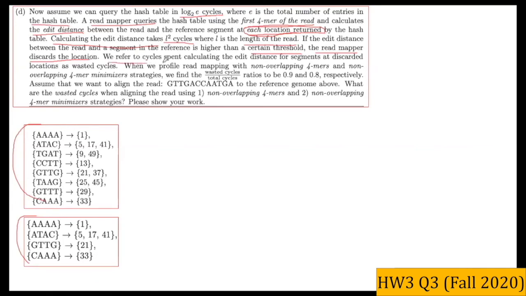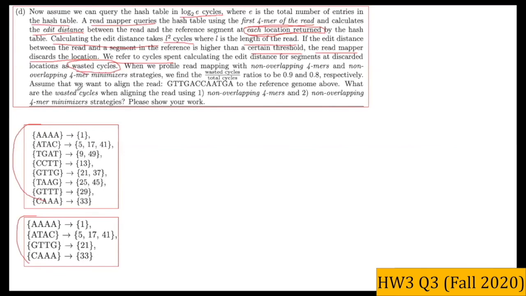Now we refer to the cycles spent in calculating the edit distance for segments at discarded locations as wasted cycles, and the name says it all. So we already wasted some time doing the calculation, but then we discover that these 2 sequences are really dissimilar.